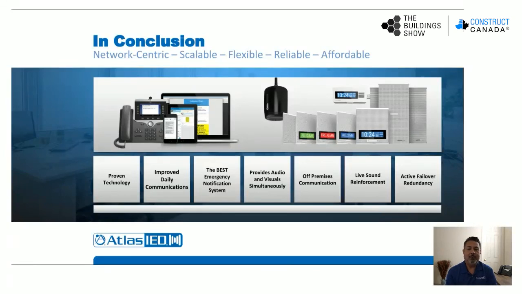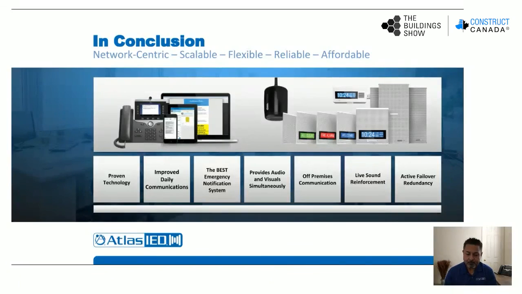And one of the most important things, or second most important, is the ability to communicate off-premise. Because you're using standard Ethernet protocols, you're able to communicate on a wide area basis and even off-premise. So if there are faculty members or authorized people who must engage in a critical alert and are not present on that campus, they can still send and receive notifications even if they are off-premise.